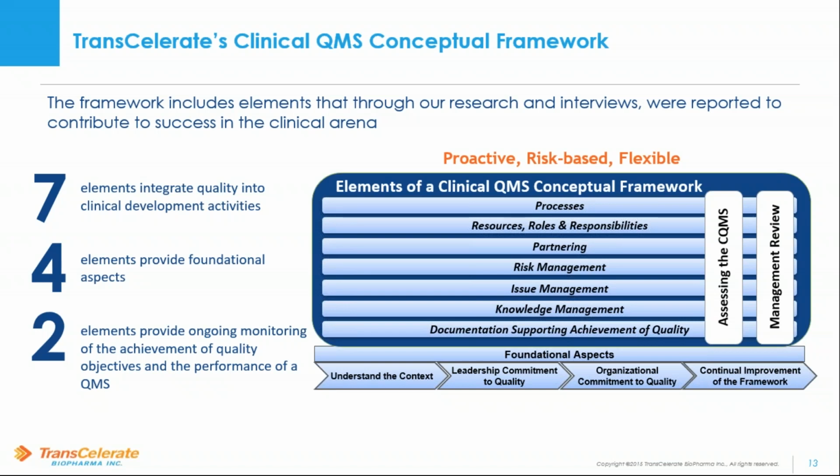There are 4 elements at the base of the diagram. Those are what we consider our foundational aspects for a sponsor to consider as they implement a QMS. And also the 2 elements going vertically on the right are really to help provide ongoing monitoring of the achievement of quality objectives and the performance of a QMS.